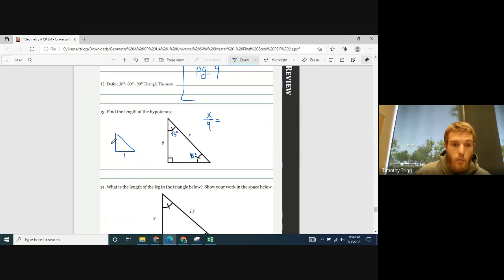Remember it's 1, 1, square root of 2. So the x over 9 from this triangle corresponds with the square root of 2 over 1 from this triangle. From here you can cross multiply. 1 times x is x equals, and then 9 times square root of 2 is 9 square root of 2. Okay, so that's the value of x here.